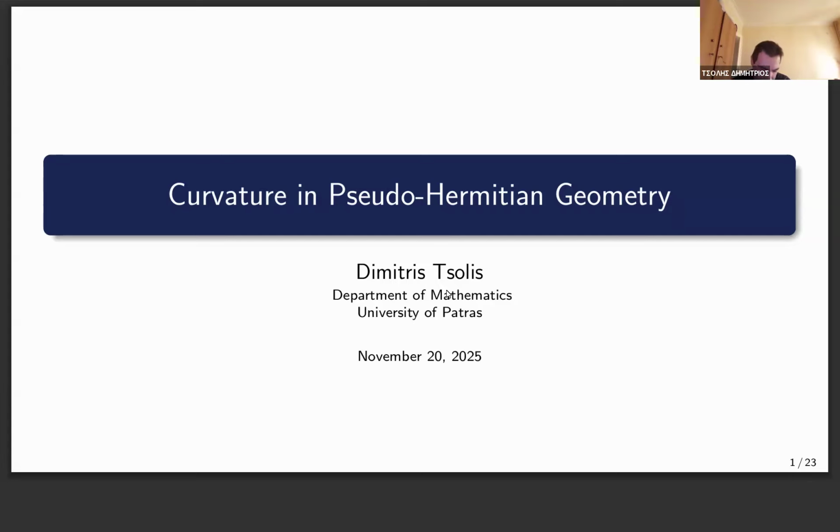There's something different here. Essentially, our goal is to prove an identity that connects the Sub-Riemannian or the Tanaka-Webster curvature with the Levi-Civita curvature, the curvature of the Levi-Civita connection.